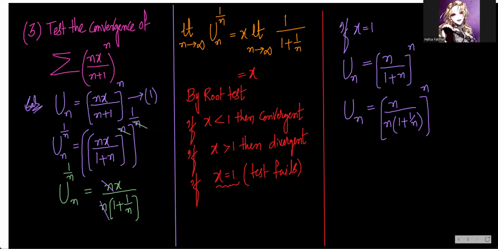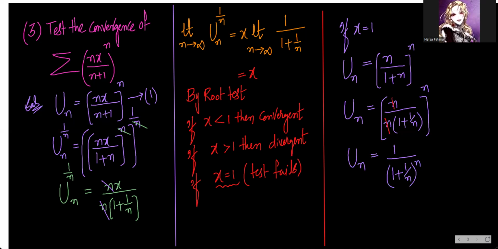What is the advantage? The advantage is this, and this will be cancelled. Now you can see a very important point. u_n is equal to, now the power of n will go to this term. Here 1 is left. If 1 has power n, no problem at all. But in the denominator, what will happen? 1 by 1 plus 1 by n, whole power n.